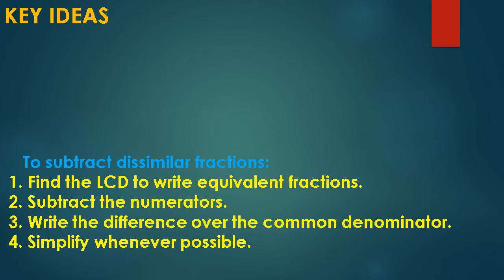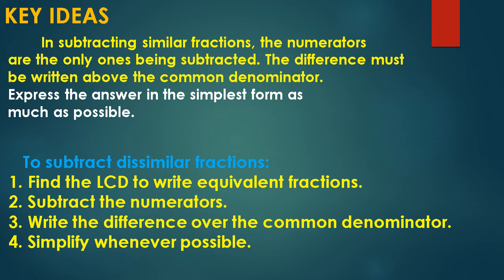Number 4, simplify whenever possible. In subtracting similar fractions, the numerators are the only ones being subtracted. The difference must be written above the common denominator. Then express the answer in the simplest form as much as possible.